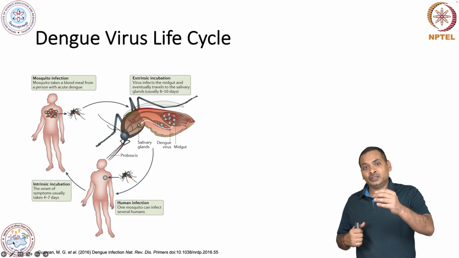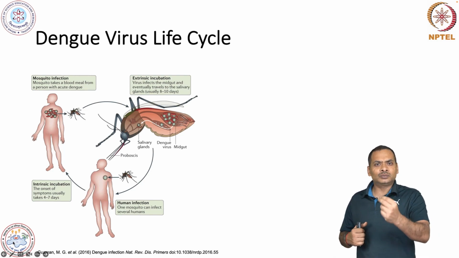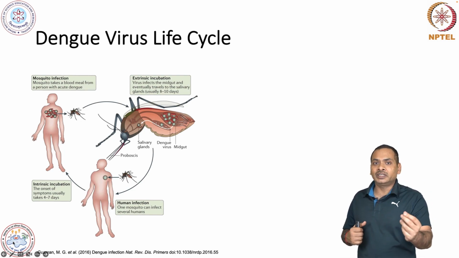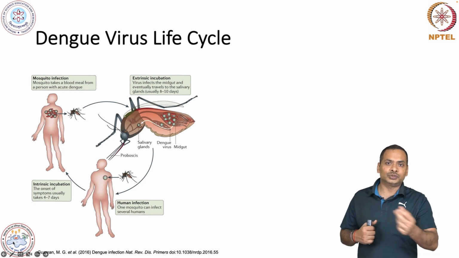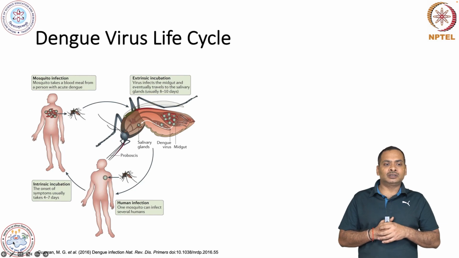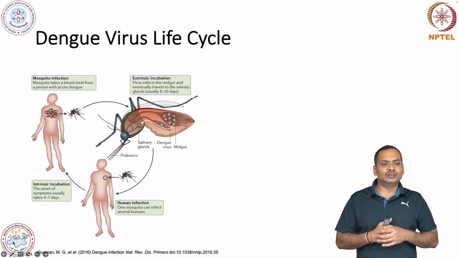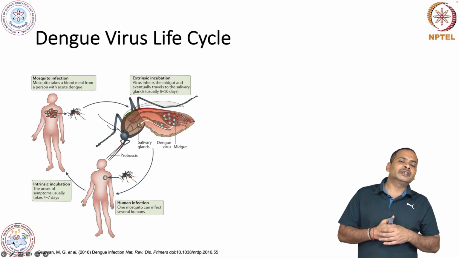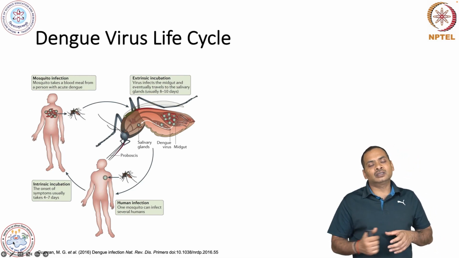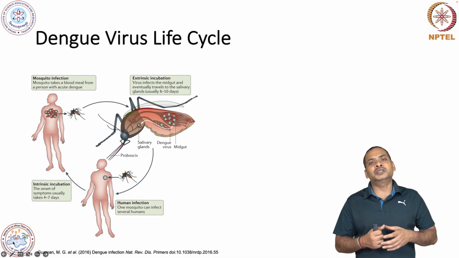If one mosquito is infected and bites several humans, then it can transmit the dengue virus to all those individuals. Then there is the intrinsic incubation period and the onset of symptoms, which usually takes 4 to 7 days. So then the cycle of this virus is completed.